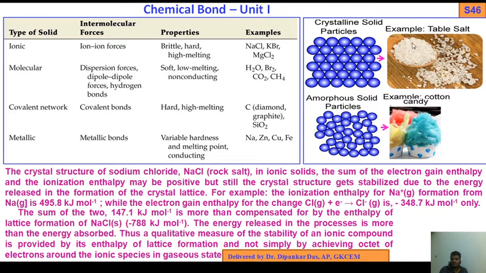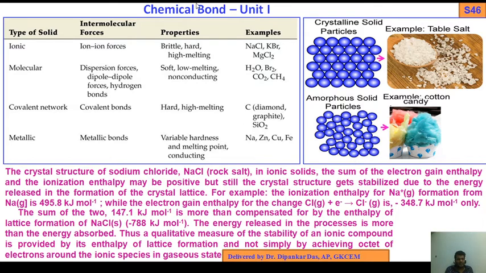Example, table salt, NaCl. Amorphous solid, you see, randomly, not orderly arranged. Here, randomly. Okay, this is the example, cotton candy. So this is the example of crystalline solids and amorphous solids.